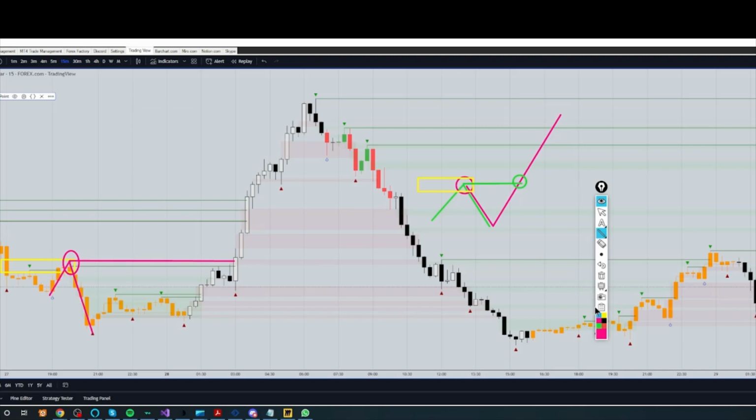The buy model goes from the original swing high and all the way up to the top like that. So that is pretty much the pattern that I see.